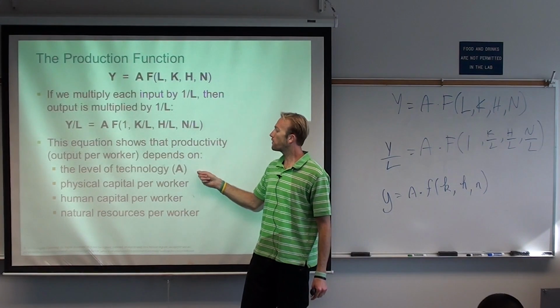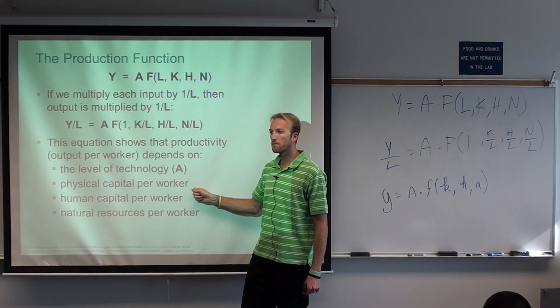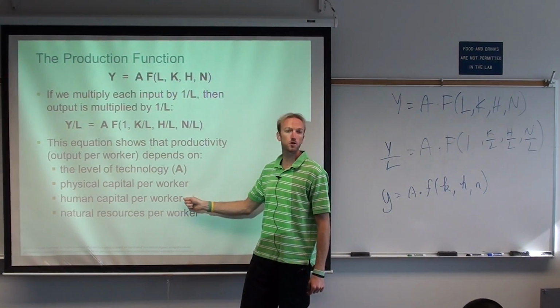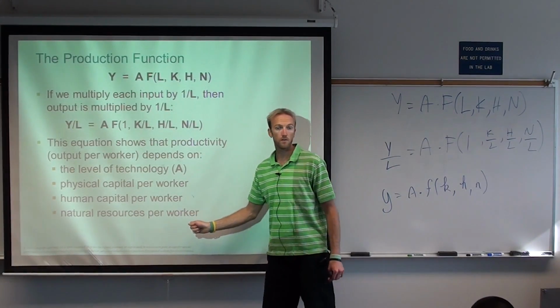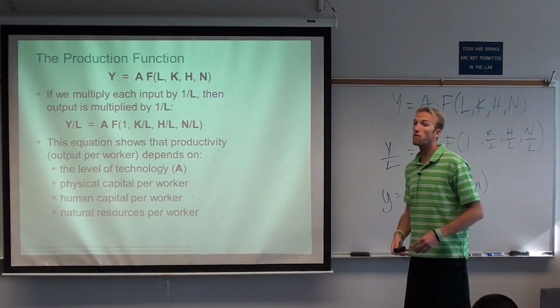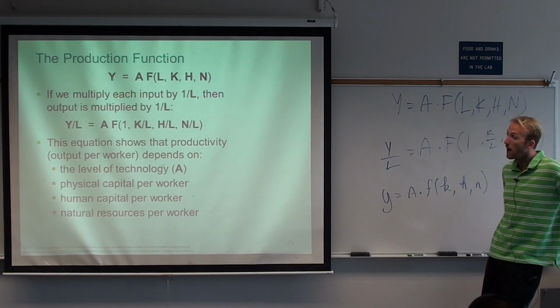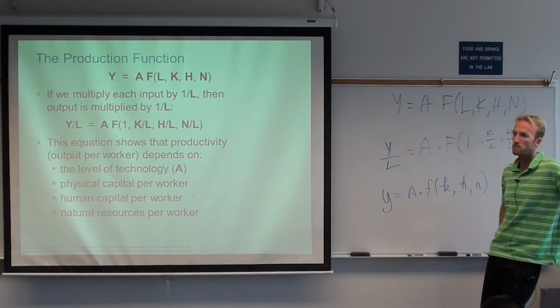Either the overall level of technology in the entire country, physical capital per worker, I have to give them more shovels. Human capital per worker, I have to give them more training. Natural resources per worker, I have to give them more natural resources. I have to focus on one of those four ways to raise Y over L, that is productivity per worker.